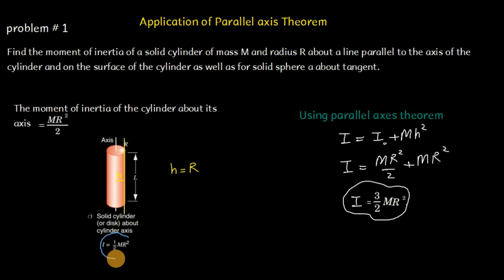So here we insert R square, so MR square by 2 plus MR square, and if we add we obtain 3 over 2 MR square. This is the rotational inertia of the cylinder of mass M about a line drawn parallel to the cylinder on its surface. It means the rotational inertia of the cylinder is increased at this surface point.